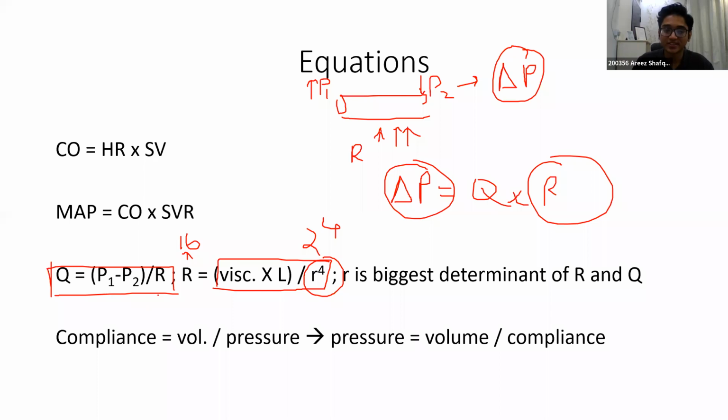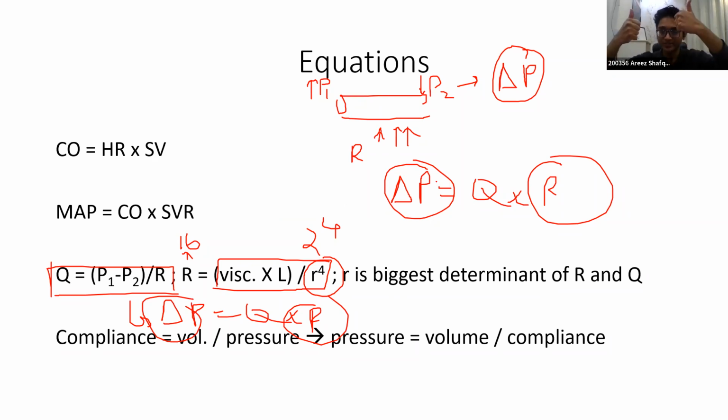I've made pressure the subject, moving R to the other side, so delta P equals Q times R. That means resistance is directly related to pressure gradient. So as resistance increases, pressure gradient will increase.